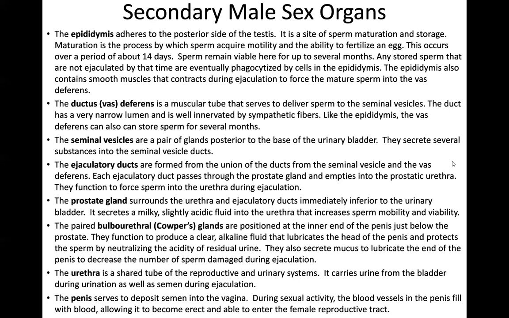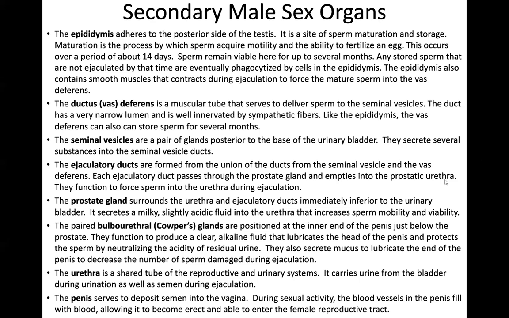The epididymis also contains smooth muscle fibers that will contract during ejaculation, forcing the mature sperm into what's called the vas or ductus deferens, which is a muscular tube that serves to deliver sperm to the seminal vesicles. This duct has a very narrow lumen as well, innervated by sympathetic fibers. And like the epididymis, it can store sperm for several months, but not to the degree that the epididymis can.